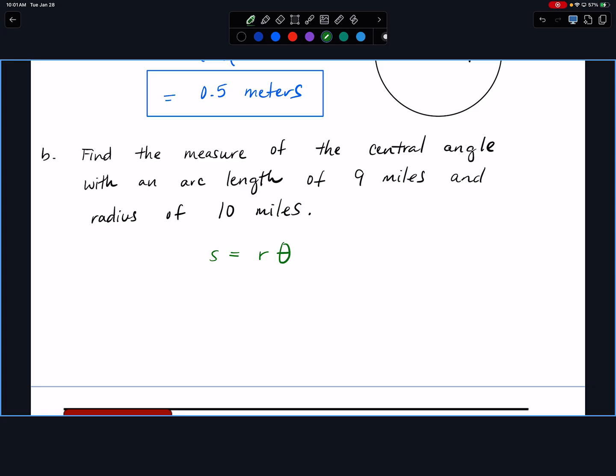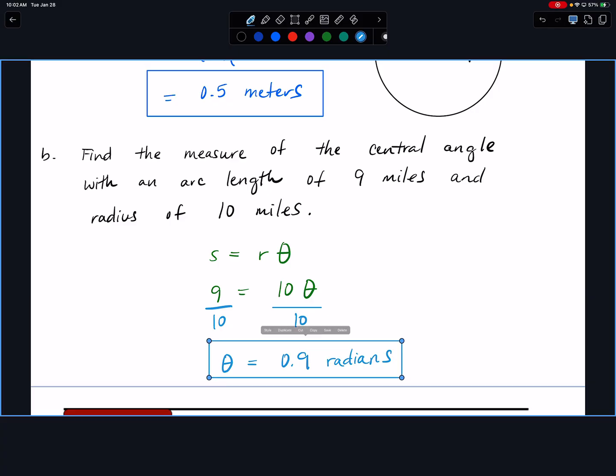So 9 is equal to the radius, which is 10, times theta. To solve for theta, divide both sides by 10, and we get theta is equal to 0.9. Theta is measured in radians in this case. Good.